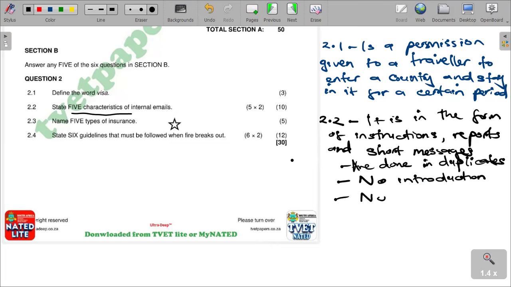No address. There's no address, there's no introduction. And also it is usually addressed from somebody to somebody.